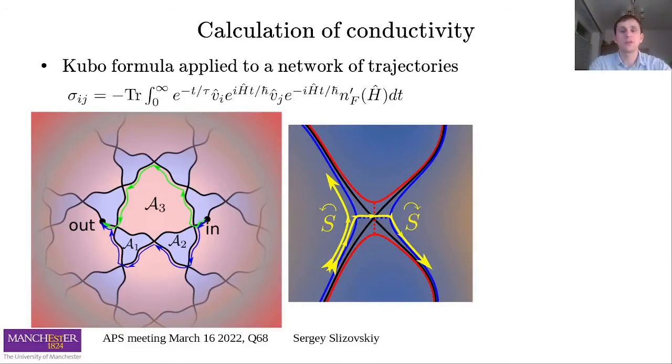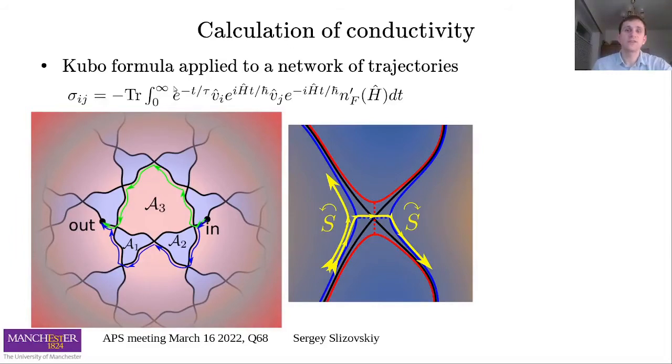To compute the conductivity, one may use the basis of the semi-classical wave packets in the Kubo type formula. Here the trace corresponds to integrating over arbitrary initial point. And we integrate over evolution time weighted with the probability to have no impurity scattering during that time.